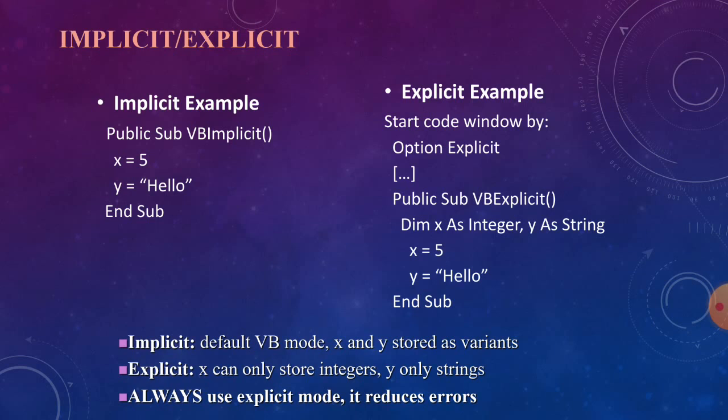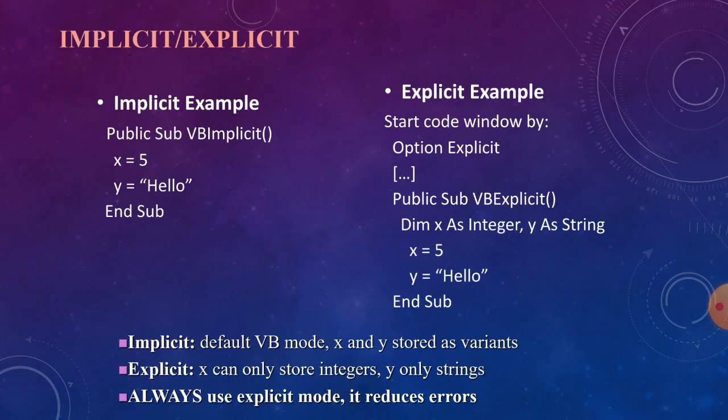When compared to the explicit example, see here, Option Explicit, public sub VBExplicit function, we are using Dim x as Integer, y as String. Here we are declaring the variables. Whereas in the implicit example we didn't declare the variables.